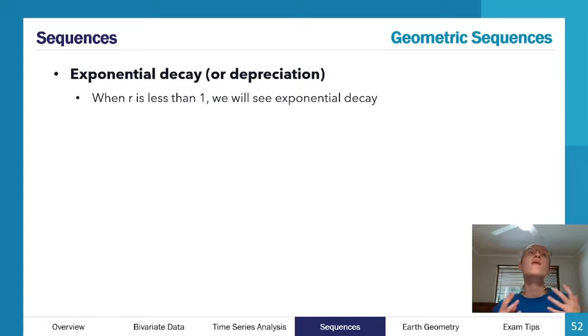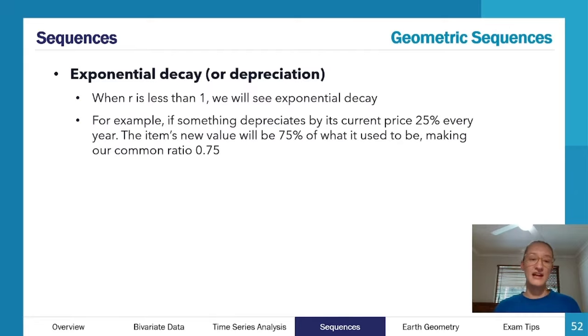What we normally do is we still multiply, but we multiply by an r value that's less than 1. So for example, if I multiply by 0.5, that's halving it. It's the exact same thing as dividing by 2, but we're just multiplying by 0.5. So again, that's to illustrate that when r is less than 1, we'll see exponential decay.